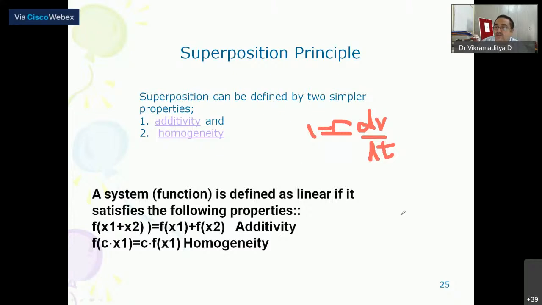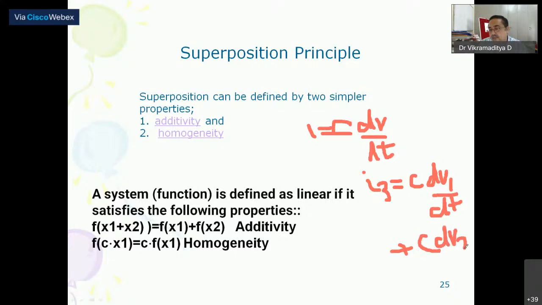Now apply a voltage V1 plus V2. So what you will get? You will get C d(V1 plus V2) upon dt. When you open the bracket, you will get I, let it be I3, equal to C dV1 by dt plus C dV2 by dt.